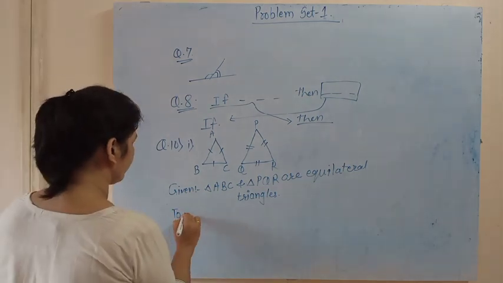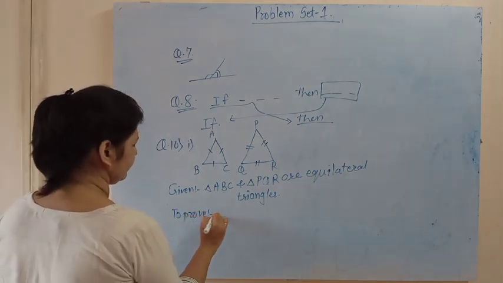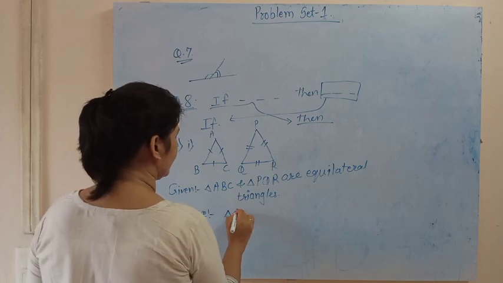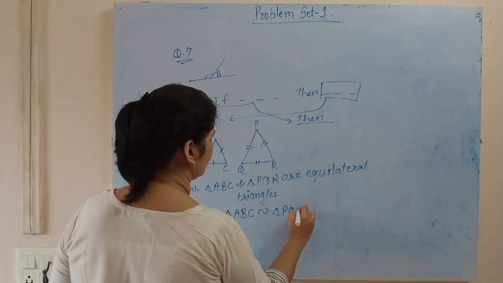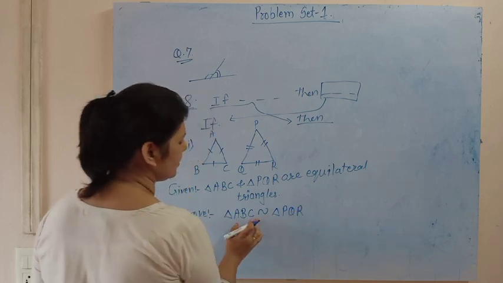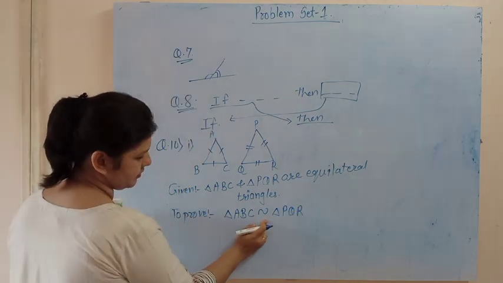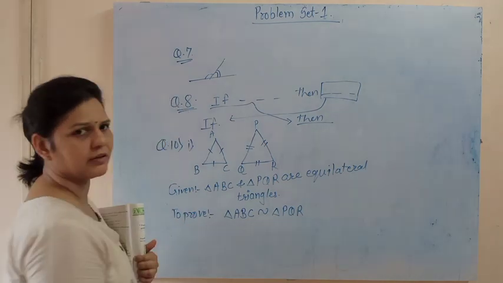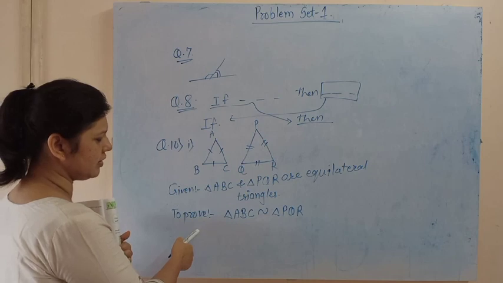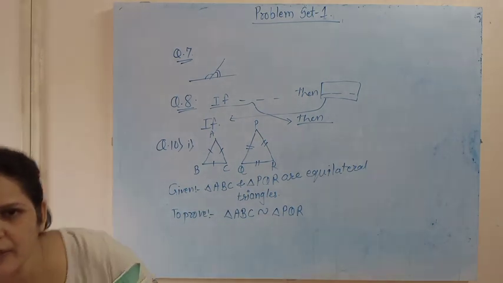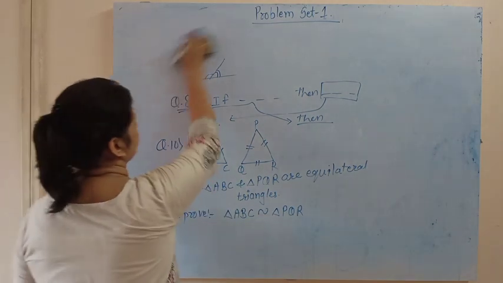So to prove, triangle ABC similar to triangle PQR, this is the sign for similarity. So write in this manner. Don't forget to draw the figure, write down given, write down to prove. This is the first question from question number 10.